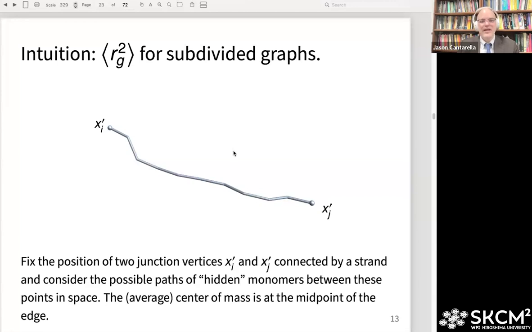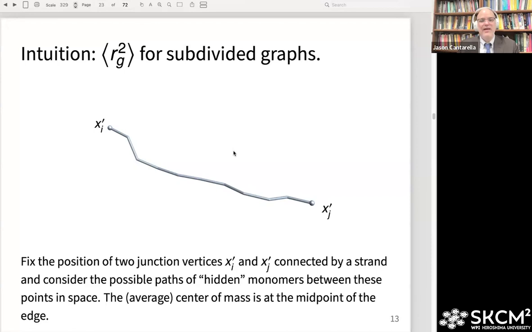So here we go. Imagine two junction vertices by themselves. So here are two such vertices, xi prime and xj prime, and they're connected by a strand of monomers. And I want to consider this ensemble that James and Guth thought about of paths of these monomers between these two endpoints.